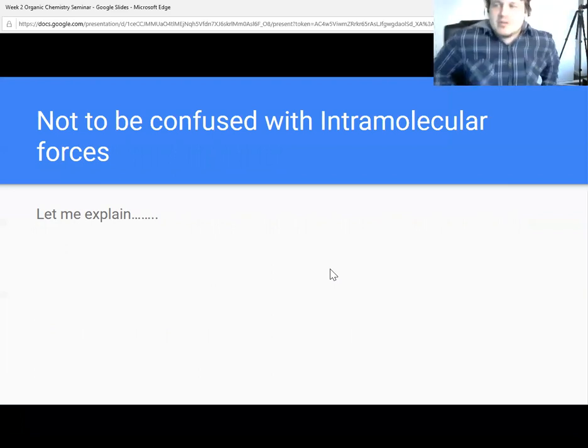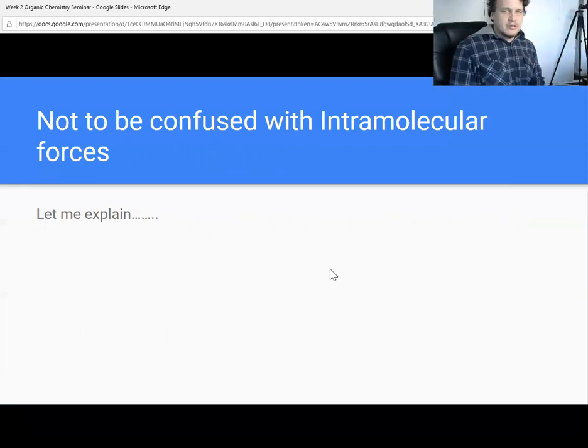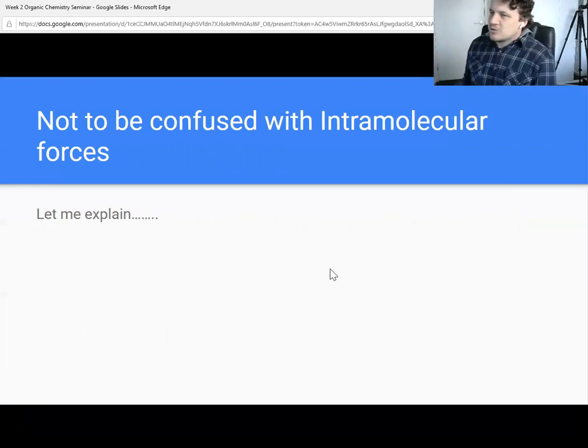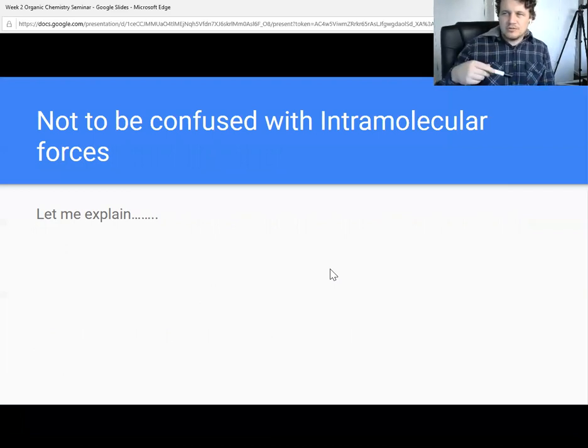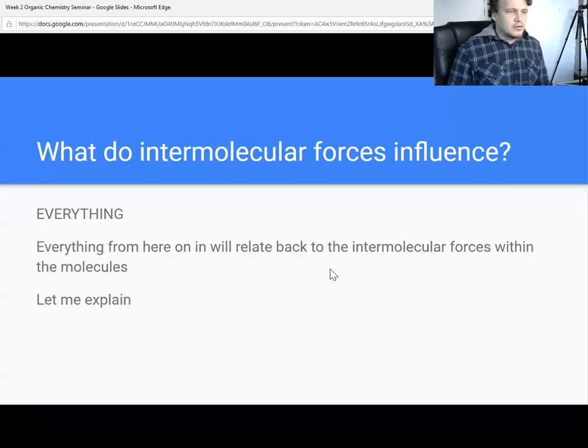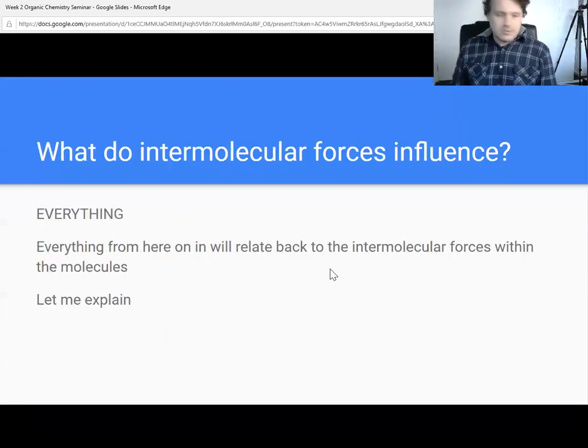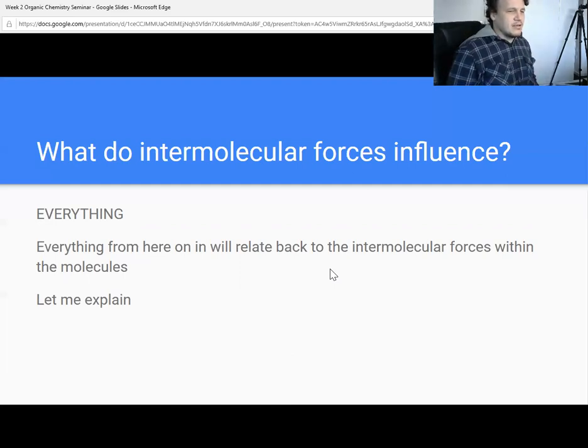Do not confuse them with intramolecular forces. They are between two molecules, not between two atoms that make up the molecule. So again, I'll go over it again, and I'm sure you'll be sick of it. It relates to everything.